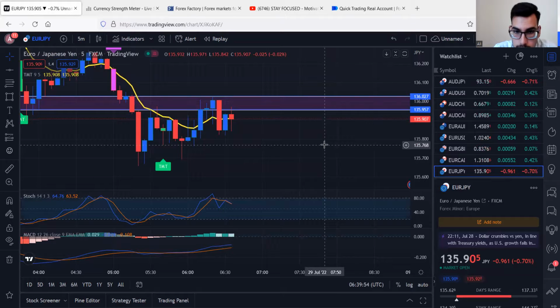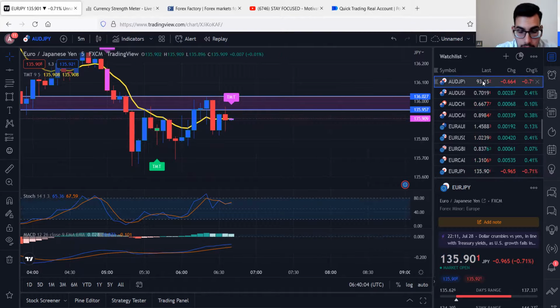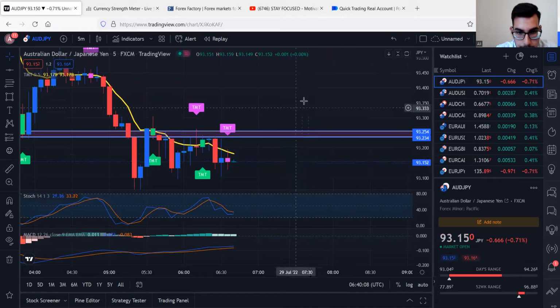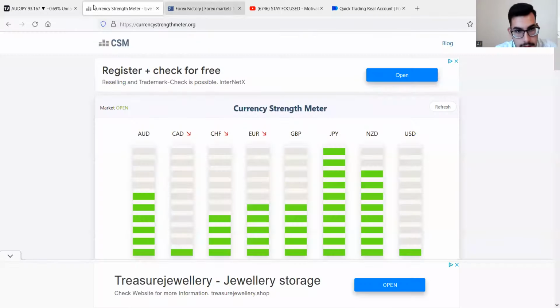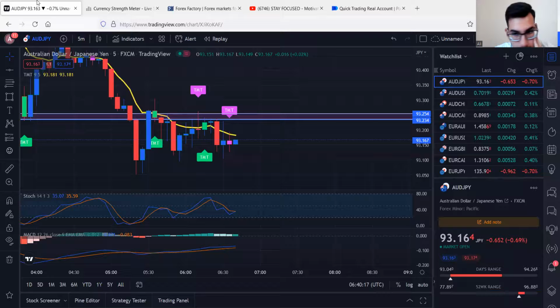Hopefully it will. It did. It did close bearish, so I believe Andrew must have cleared EuroJPY. Now let's see. Now there are 5 more minutes left for the other candle.